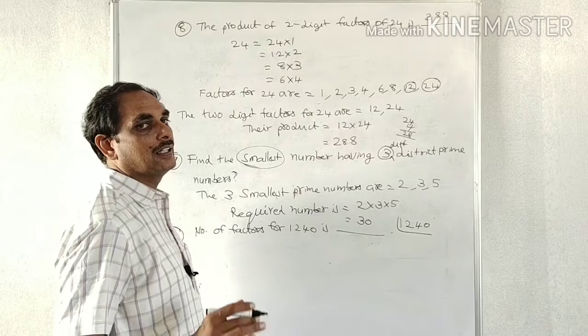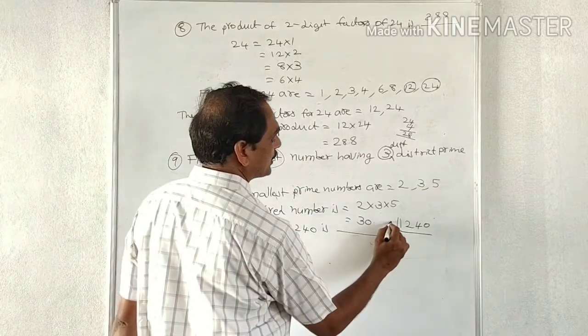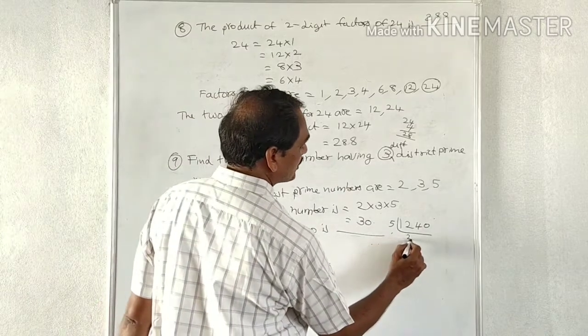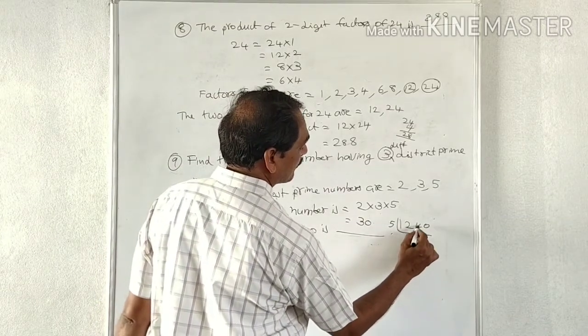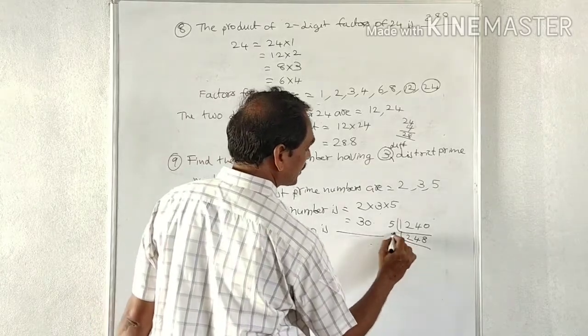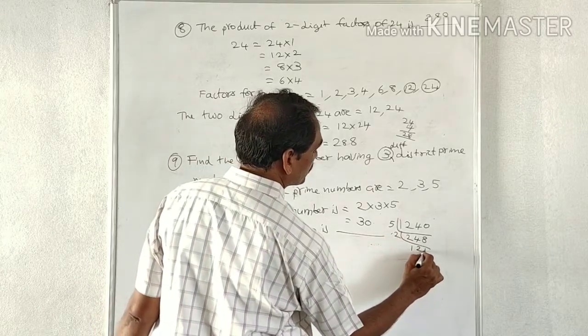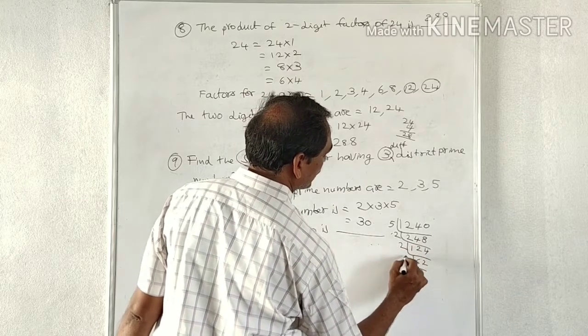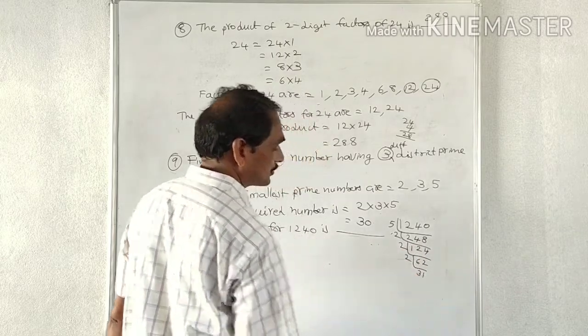So we divide it by 5. 5 2s are 10, 5 4s are 20, 5 8s are 40. Now we divide 248 by 2: 2 1s are 2, 2 2s are 4, again 2 by 2, 2 3s are 6, 2 1s are 2.